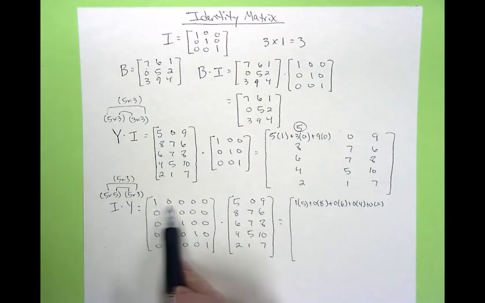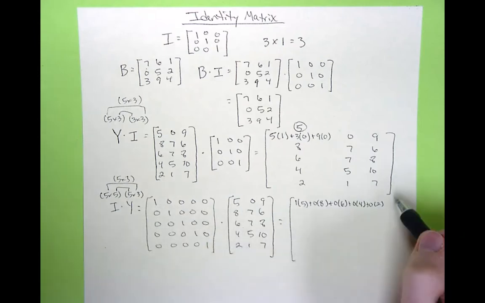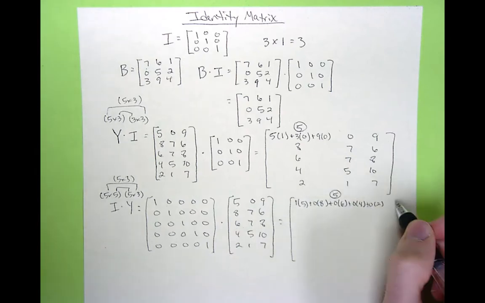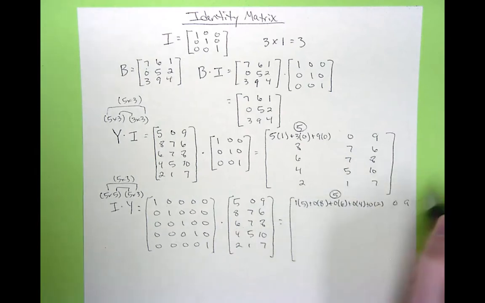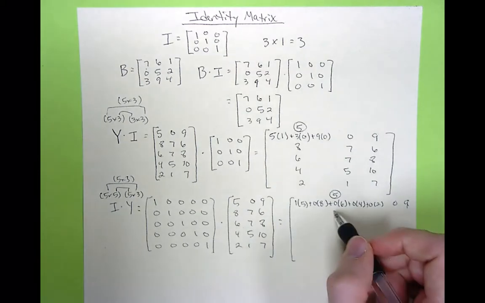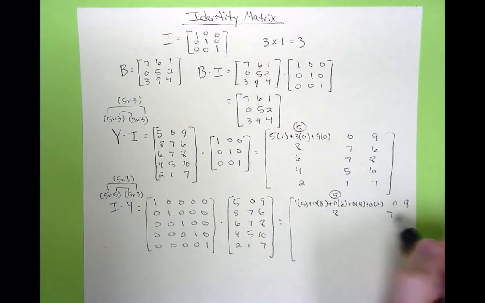So we did this first row times this column, added it together, and we get 5 again. And then 0 and 9 here. And like I said before, you'll just get Y again.